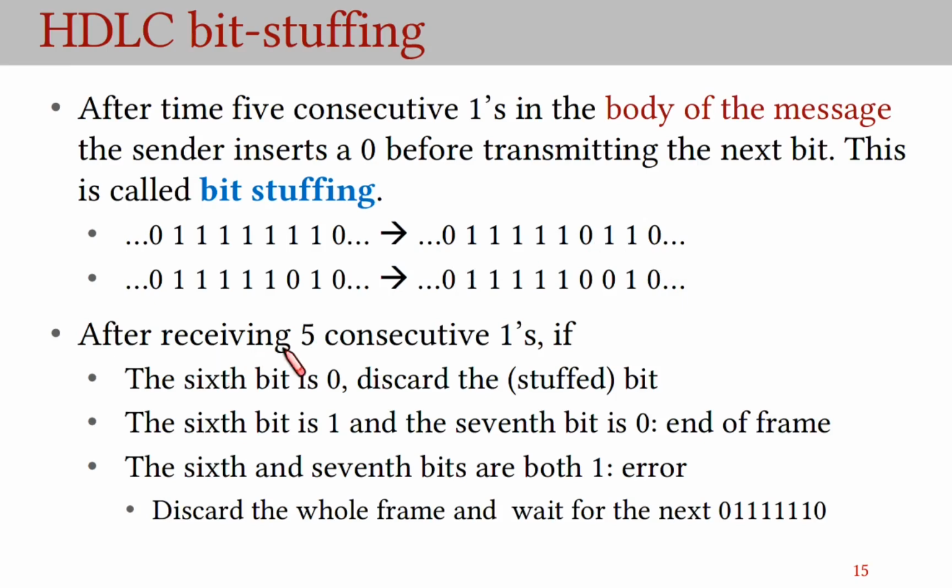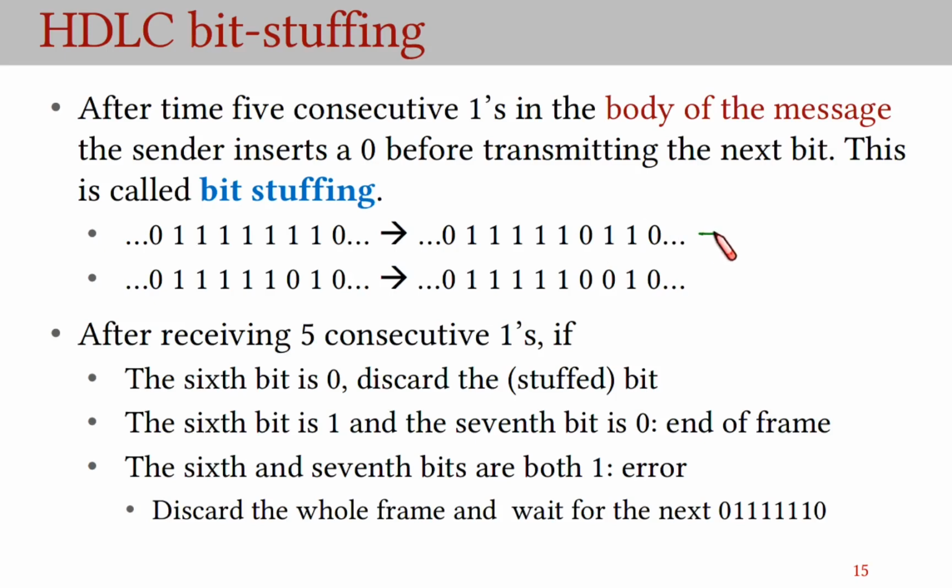On the receiver side, if it sees the 6th bit as 0, right, after 5 consecutive ones, it treats that 6th bit, that 0, as the stuffed bit, and it will discard that one.